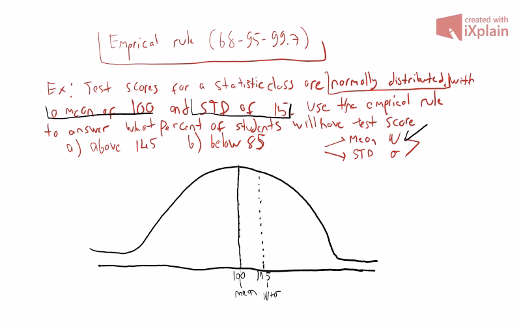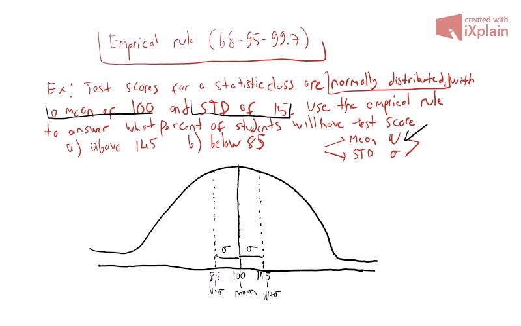Okay, so since this is symmetrical, I will go one step further from the mean to the other side. And 100 minus 15, 85. How did I calculate that? It's mu minus sigma. Okay, so that means I'm one standard deviation away from the mean here, and I'm one standard deviation away from the mean here too.